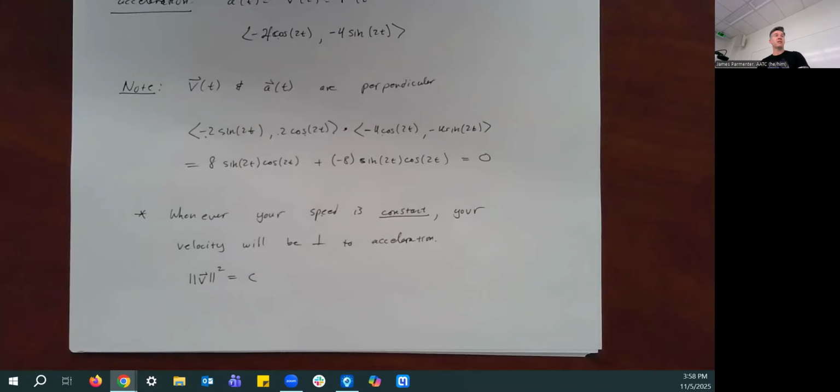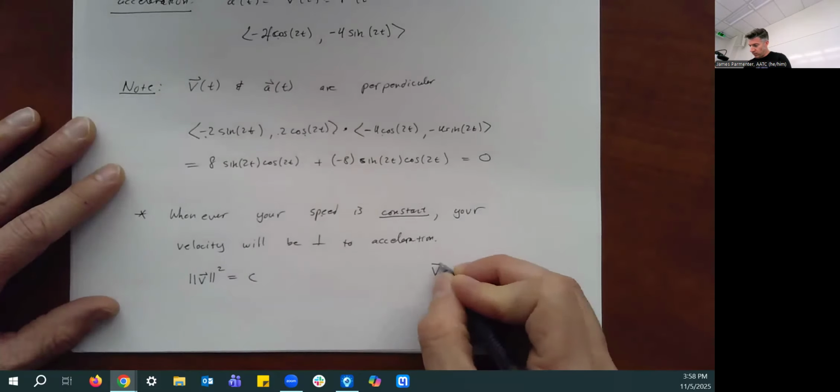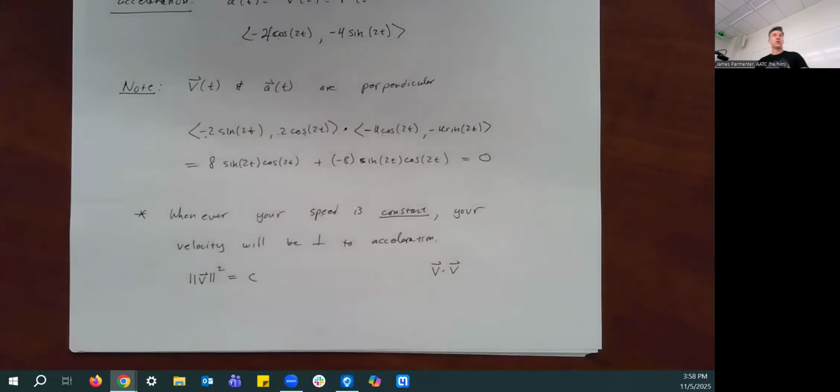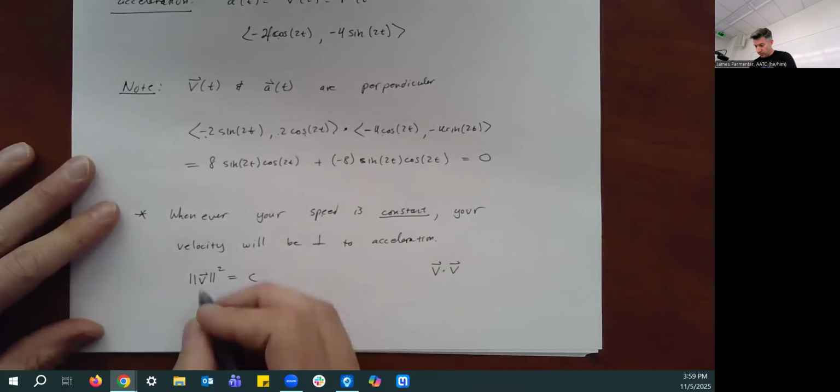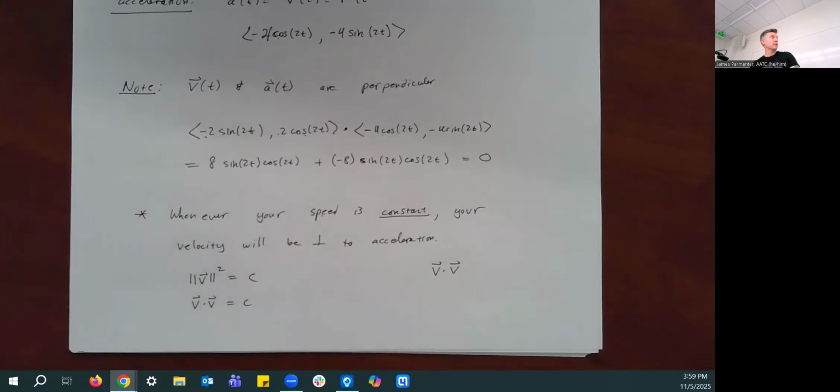But the magnitude of the velocity squared is the velocity vector dotted with itself. For any vector, if you dot it with itself, you're really just getting all the components squared and added together, which is the inside part of the square root, and then you square that to get the magnitude squared. So this is really v dot v equal to a constant.